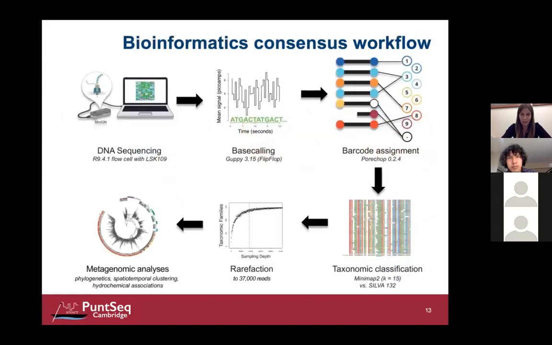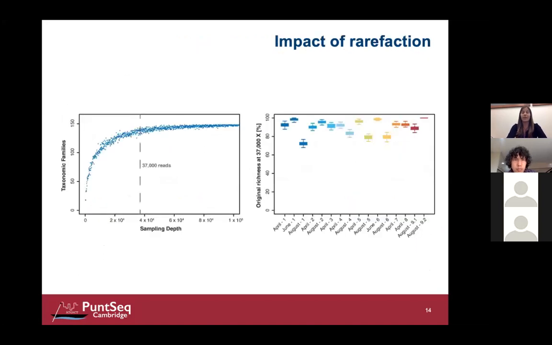So this is where we are now coming to the next step in our bioinformatics consensus workflow. We were just down there at the taxonomic classification, and now we are coming to the rarefaction, because to deal with this problem of different numbers of reads per sample, what we chose to do is downsampling, or rarefaction, whatever you want to call it.